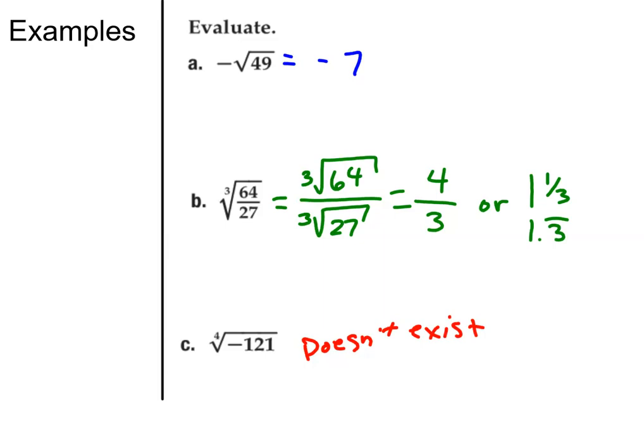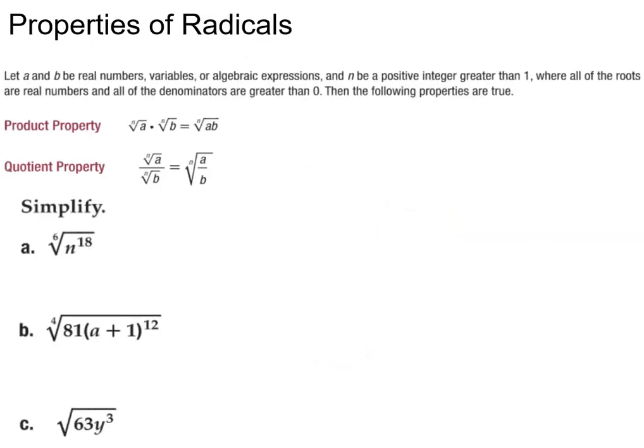All right, moving on to the next slide. We have a couple of properties, the product property and the quotient property, that are going to be helpful. This is dealing with radicals. If you had two separate radicals that had the same root, here n, you can put them under the same radical.